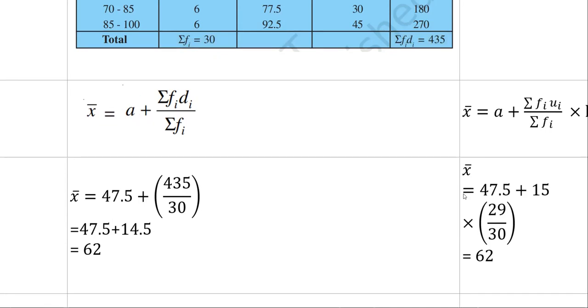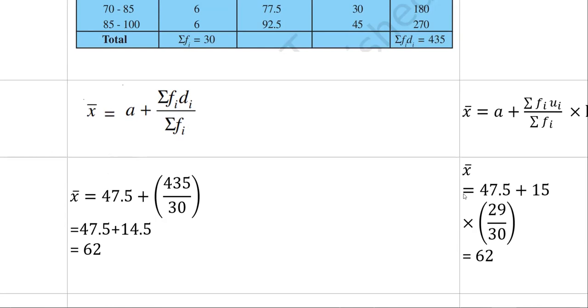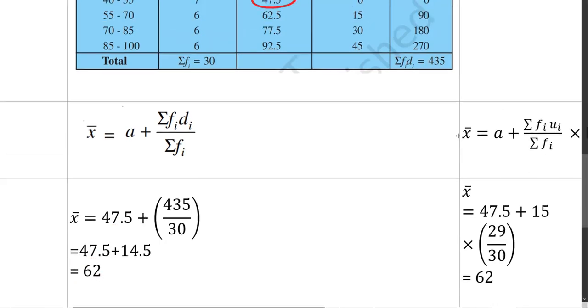A is this, sigma fi di is this, and sigma fi is this. On dividing this, we are getting 14.5, which added with the assumed mean, 47.5, will give you this. As you can see here, the mean in this case also is 62, which is the same as what we got by the first method, that is the direct method.